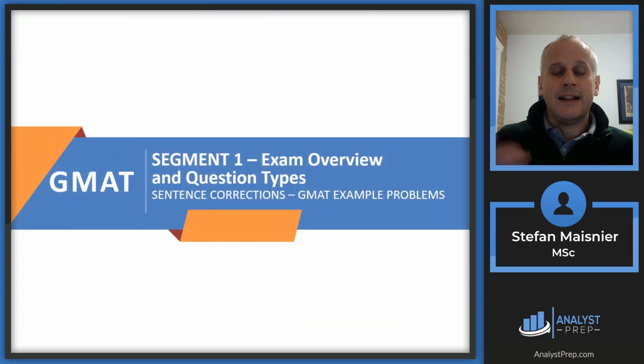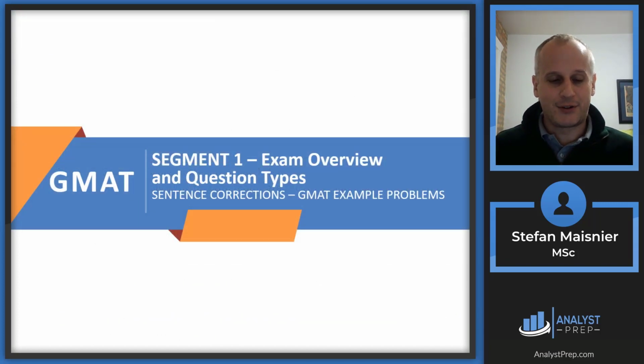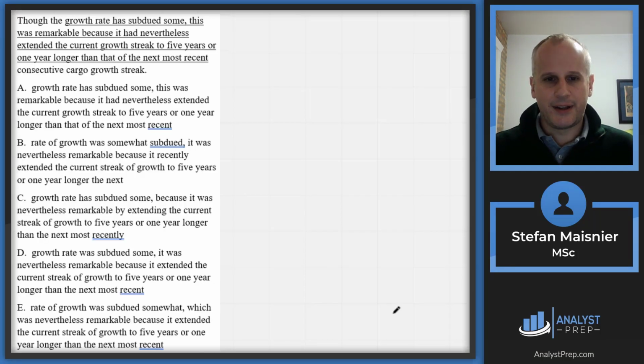So let's go ahead and take a look at a sample sentence correction so that we can see how this process and these common errors may manifest themselves within the exam. Okay, so we have this sample sentence correction that would fit under the rubric of the GMAT.